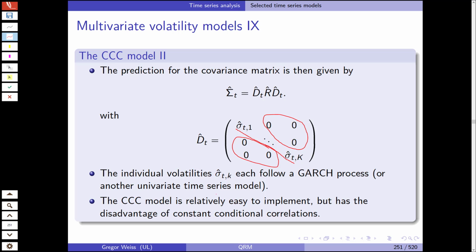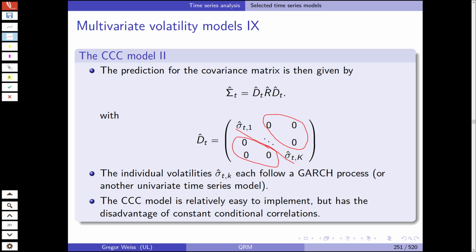Now, the CCC model is relatively easy. It has the disadvantage that the correlations are assumed to be constant. So even though you have time varying volatilities, and this gives you a lot of flexibility in modeling financial data, the correlations are assumed to be constant.